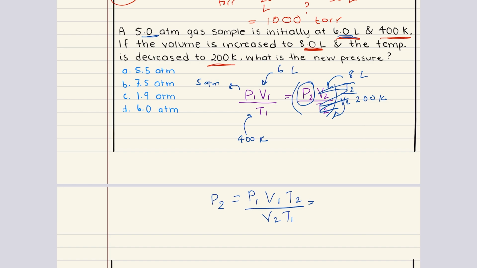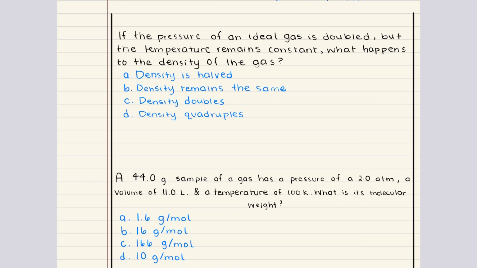And we know all of these values. 5 atmosphere, 6 liters, 200 Kelvin, divided by 8 liters, and 400 Kelvin. Notice liters cancel out, Kelvin cancels out. We're going to get our final answer in units of atmosphere. And when we plug this into a calculator, we're going to get 1.9 atmosphere, which means C is the correct answer. Moving on to problem 4.